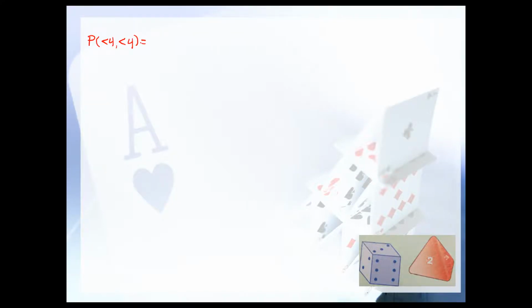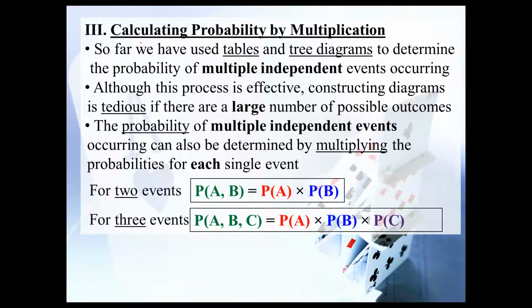Now, according to my equation right here, the probability of 2 independent events occurring would be equal to the probability of event A occurring multiplied by the probability of event B occurring. So I can break this down to the probability of obtaining less than a 4 on the six-sided die multiplied by the probability of obtaining less than a 4 on the four-sided die.